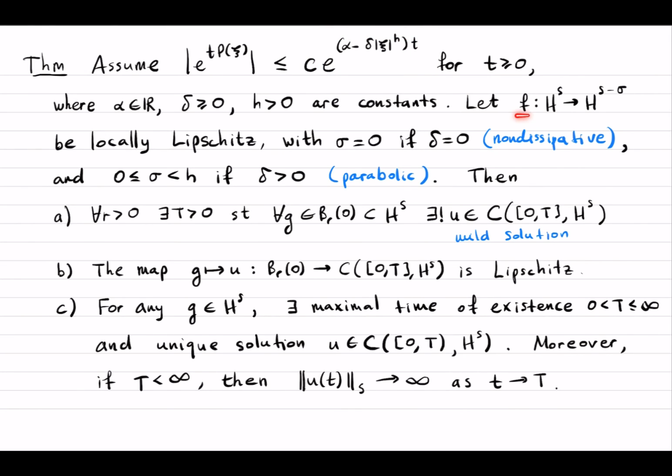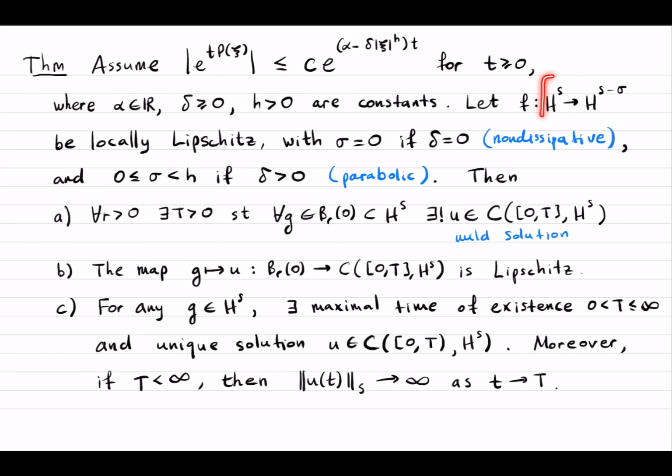And for the nonlinearity, we're going to assume that it sends the Sobolev space H^s into the Sobolev space H^(s minus sigma). And we assume that the nonlinearity is locally Lipschitz, with sigma equal to 0 for the non-dissipative case. So it includes dispersive and strongly hyperbolic equations.